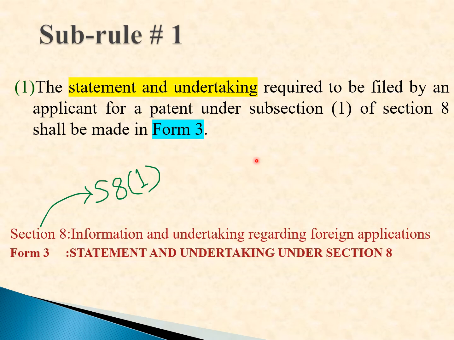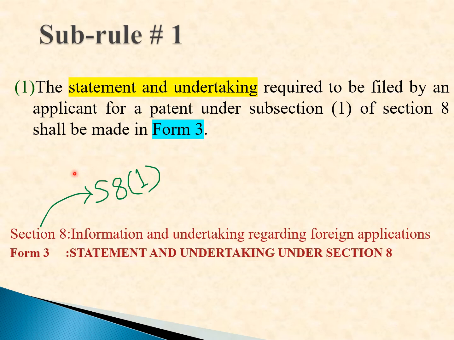And where will it be made? It will be made in Form 3, because Form 3 is the statement and undertaking under section 8. And section 8 is the information and undertaking regarding foreign application. Particularly, please refer to section 8 subsection 1.